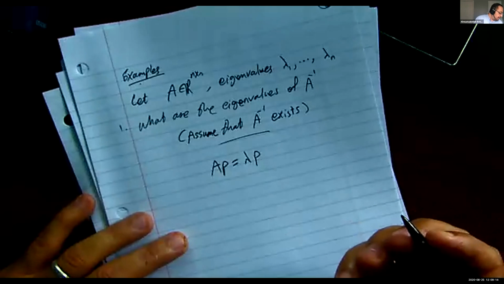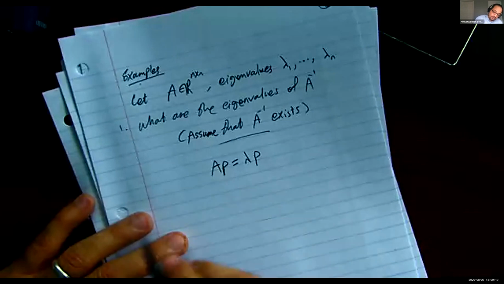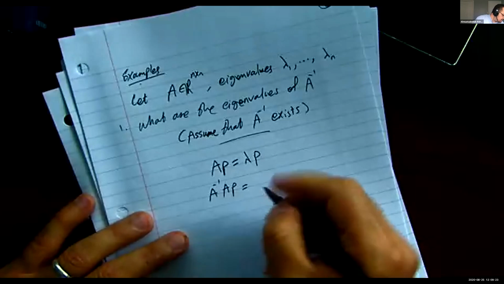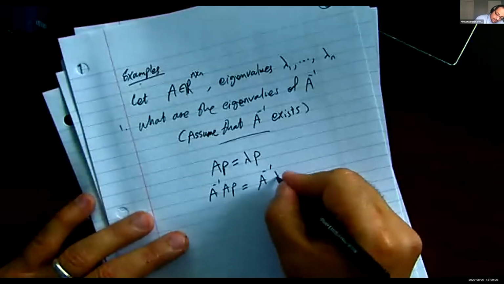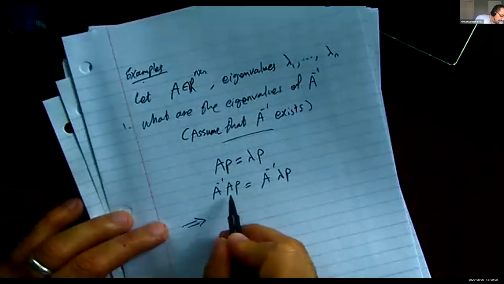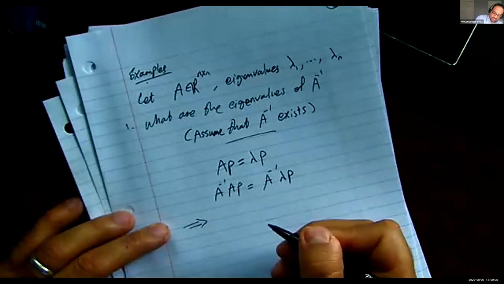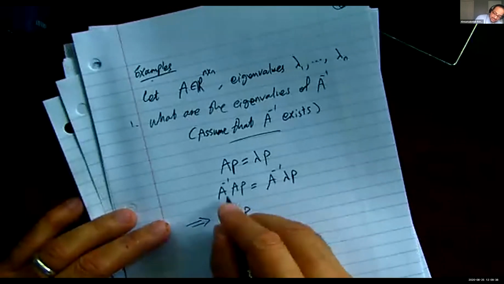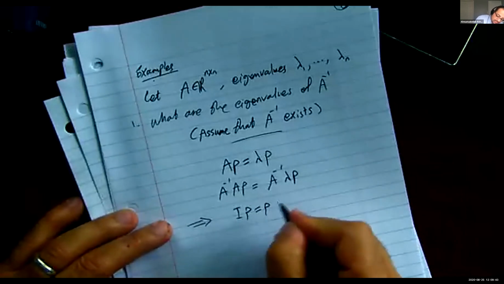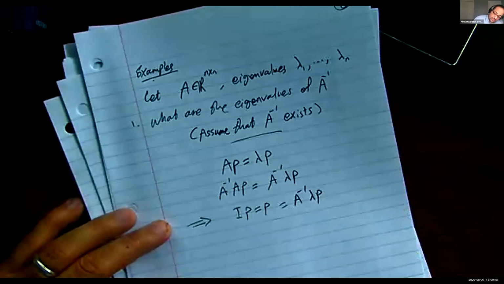Now if I multiply this equation from the left by A inverse, A inverse A P is equal to A inverse lambda P. And we know that A inverse times A is equal to the identity matrix, right? So this is equal to I P, which is the same as P is equal to A inverse lambda P.